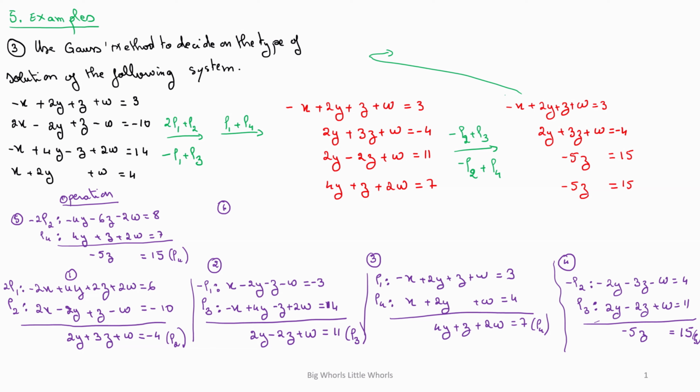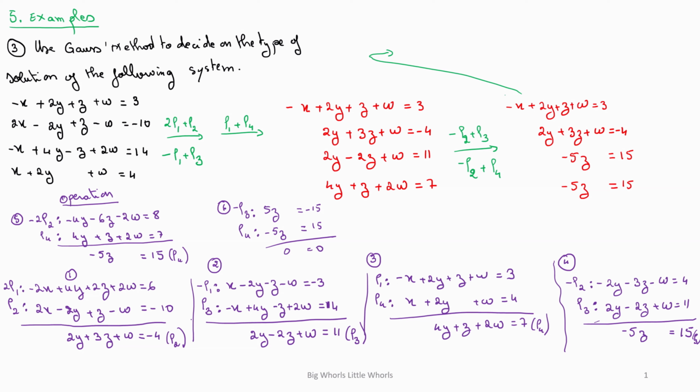To be able to eliminate the z, the minus 5z in row 4, I multiply row 3 by minus 1. So minus row 3 is minus 5z equals minus 15, and row 4 we just recopy, minus 5z equals 15, so we have 0 equals 0.